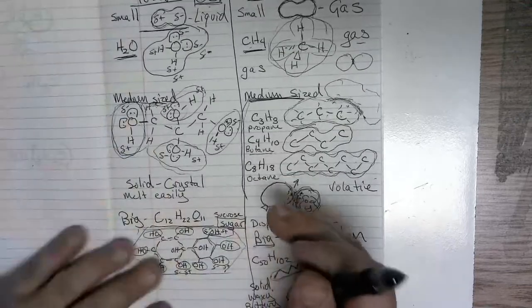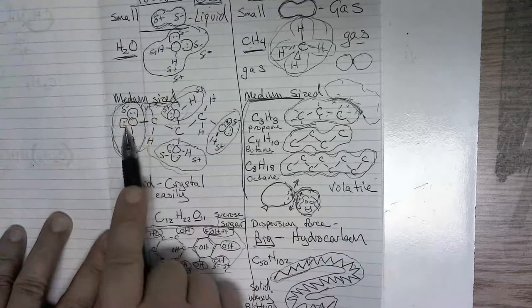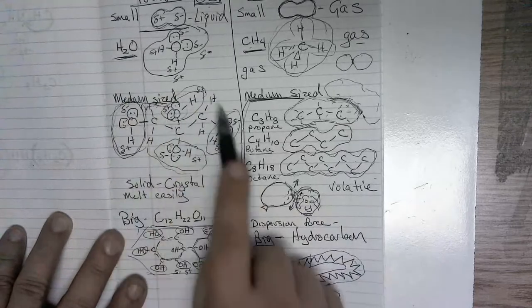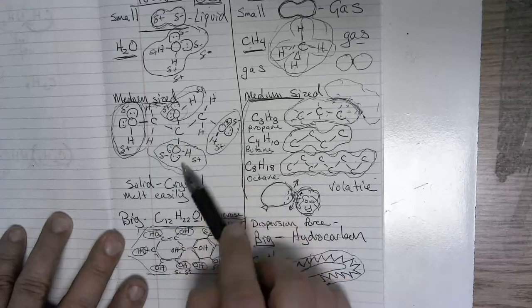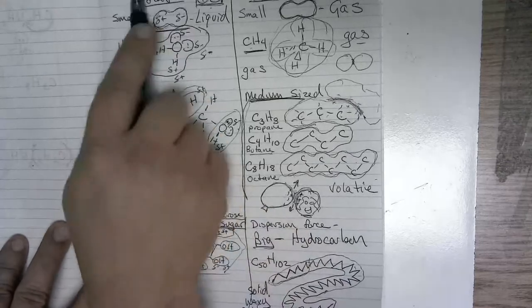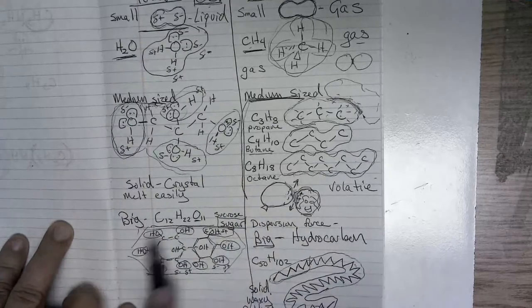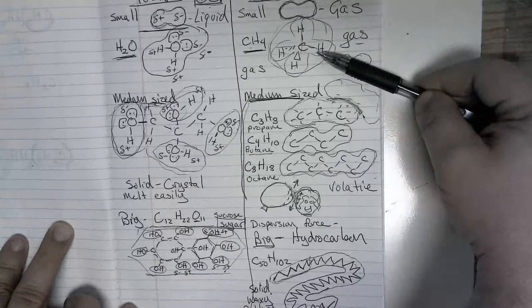Now, what are their properties going to be? Small and polar, get a liquid. Medium-sized and polar, you get a thick liquid, or you get a melty solid. And then really big polar, you're going to get things like sugar crystals. If it's nonpolar and it's small, it's definitely a gas.